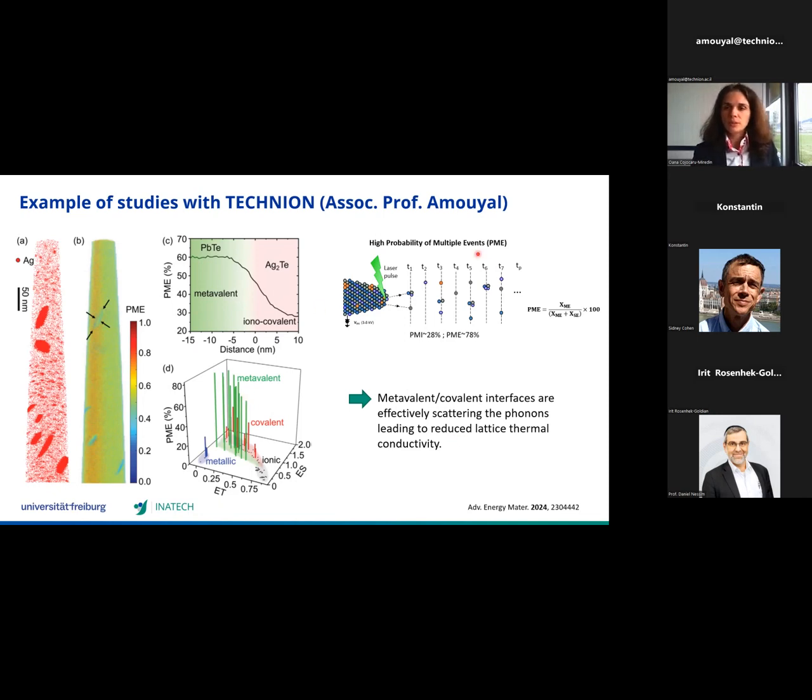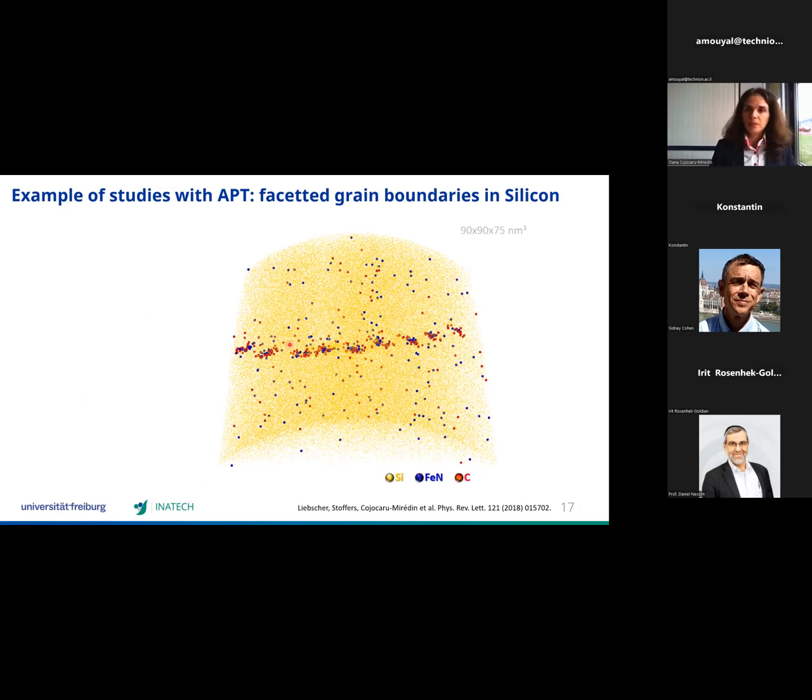So we could conclude in this work that these interfaces between metavalent and covalent bonding are very beneficial for thermoelectrics, because they can easily scatter the phonons and then reduce the lattice thermal conductivity.